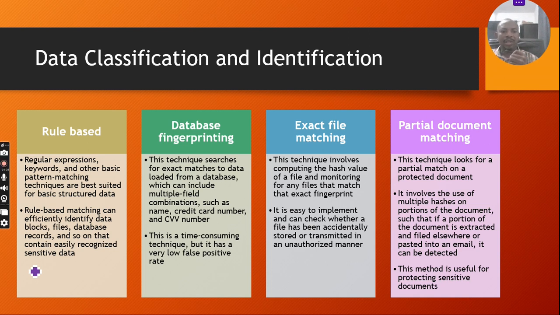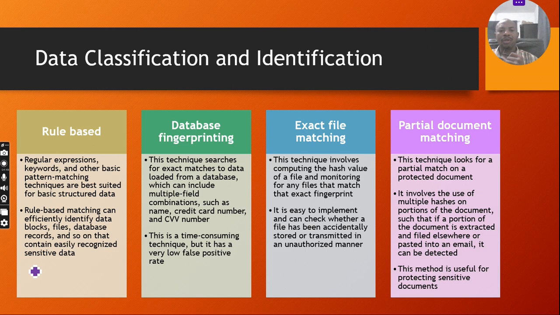Other very basic pattern matching techniques are also best suited for this type of rule-based system. Rule-based matching can efficiently identify data blocks, data files, the database itself, database records, and so on.